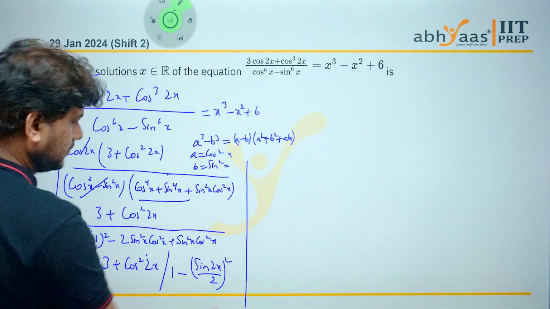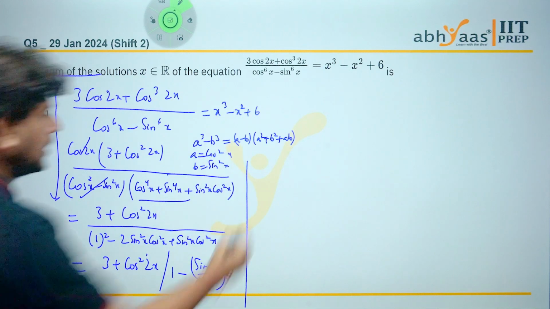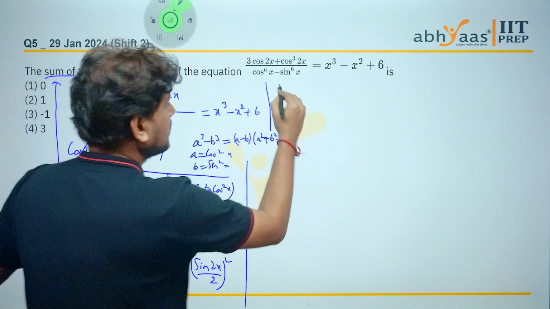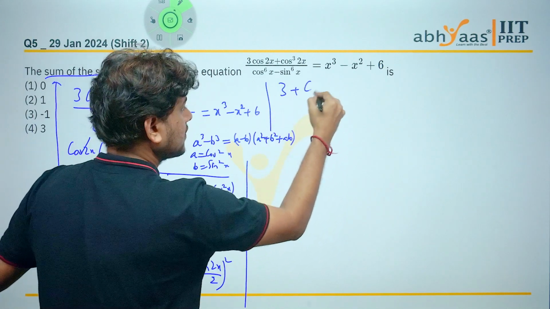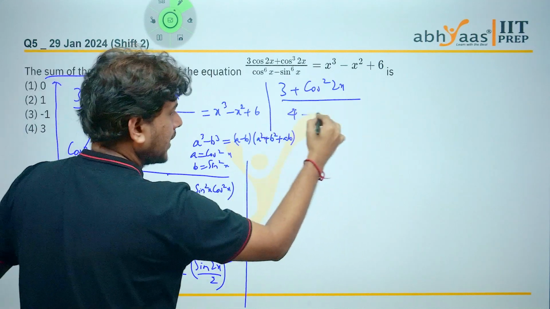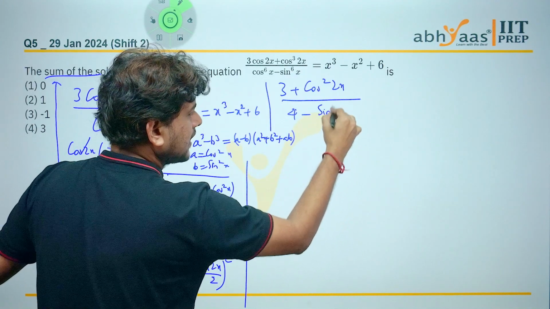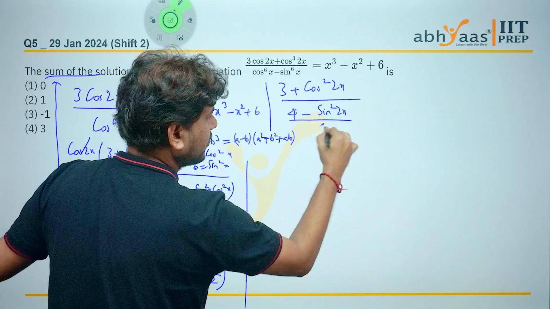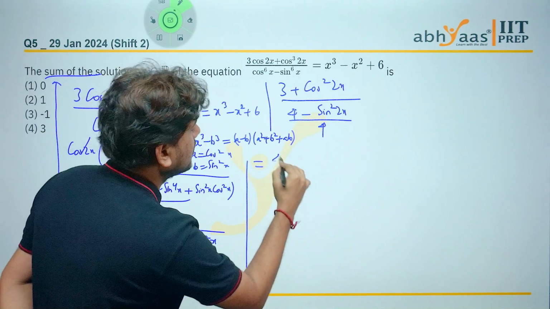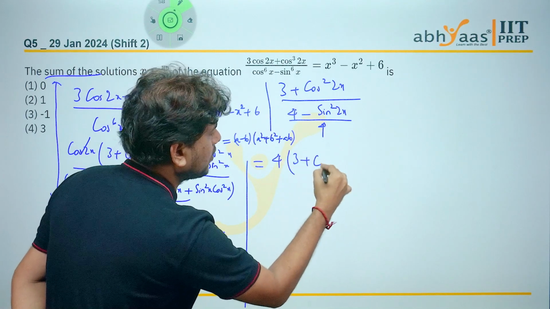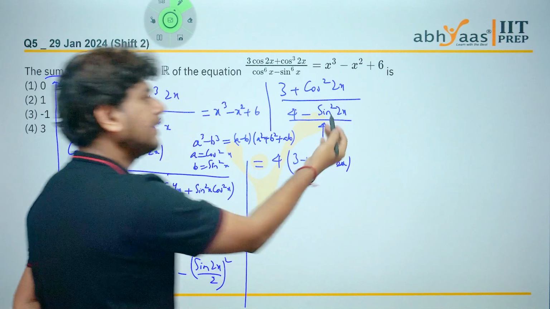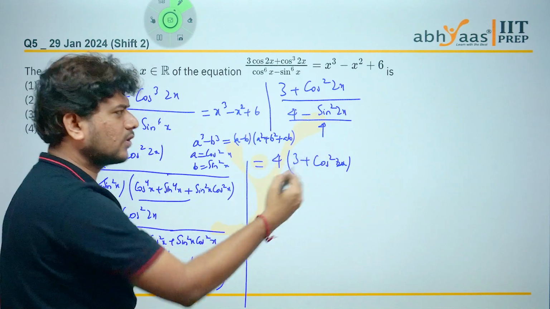So now we have 3 plus cos square 2x by 4 minus sin square 2x by 4. That will give us 4 into 3 plus cos square 2x, over 4 minus sin square 2x. I can write sin square 2x as 1 minus cos square 2x.